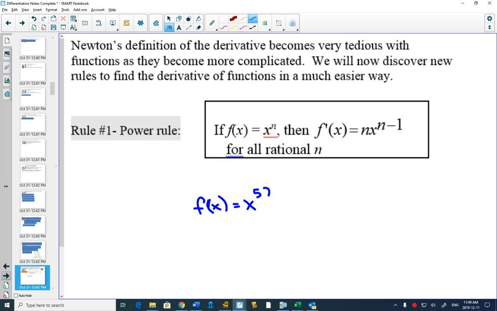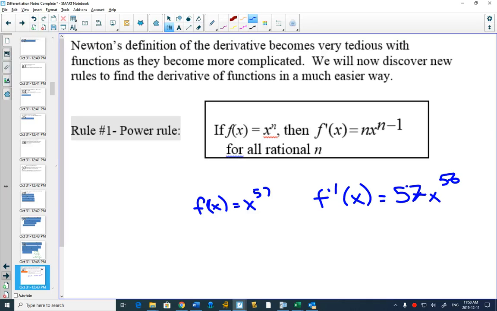Write it out, all 58 terms, only to find out they're all going to cancel except for that one, and that's our derivative. Super easy.